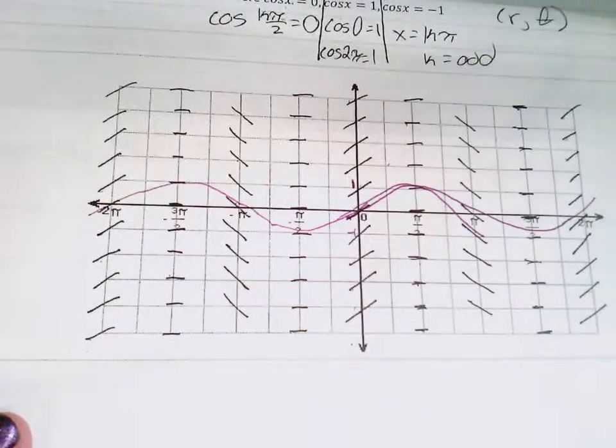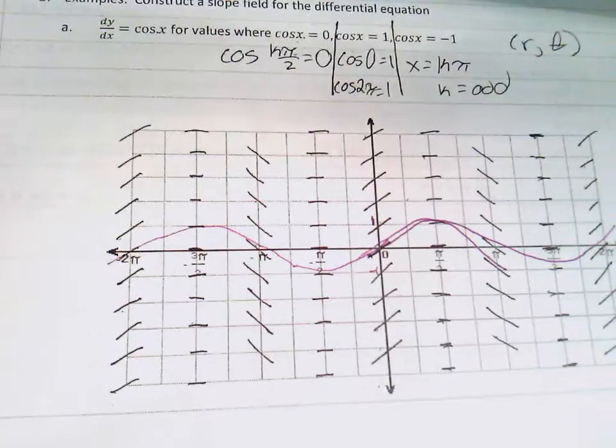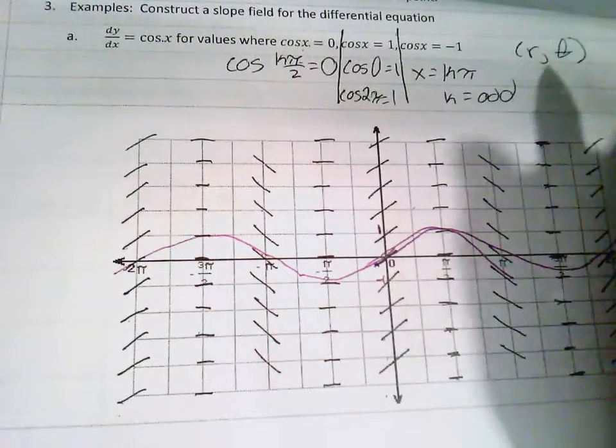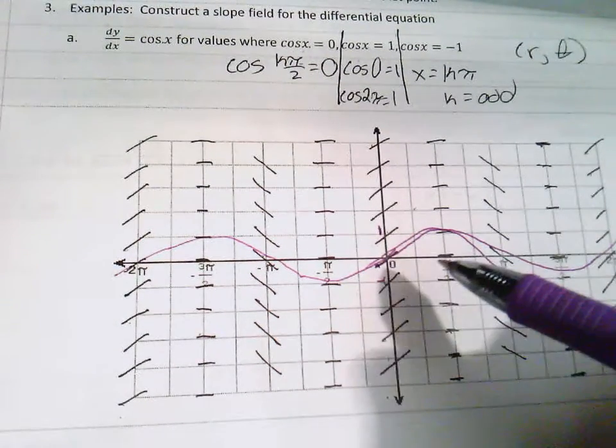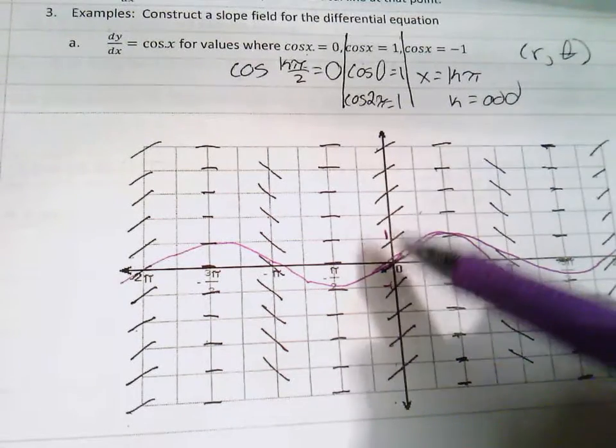Okay, so there's your sine graph right there. So it makes the sine graph automatically because you're looking for the slope. The slope of this is going to be a sine graph, or the antiderivative of this.